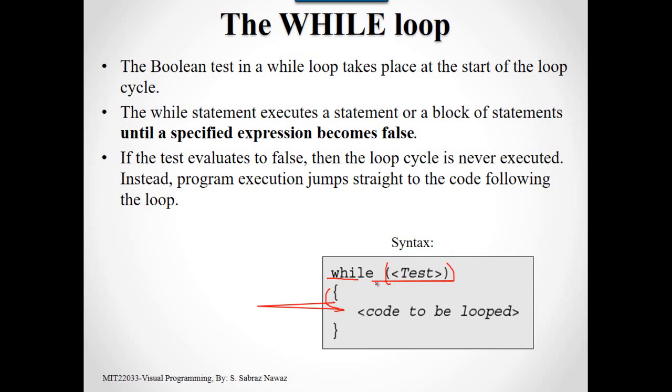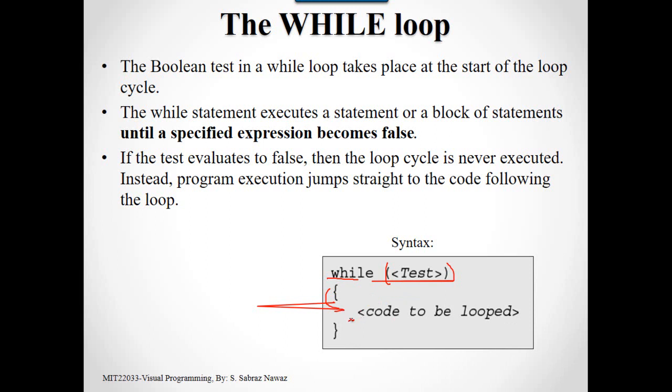Say, for example, we are going to execute the statement 10 times, so we will test with a Boolean operation whether the number of times is not exceeding 10. As long as it is 1, the code here will be executed, and then the loop counter variable will be incremented, and it becomes 2.